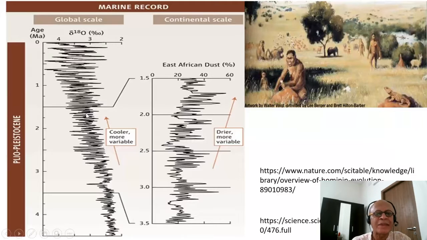Before the so-called Pleistocene started around 2 million years ago, and we have had about 9 or 10 of these 100,000 year ice age cycles that we talked about in the other context before.